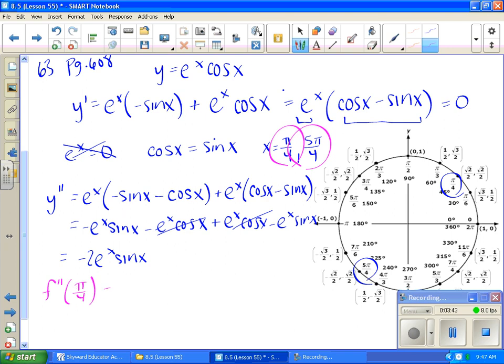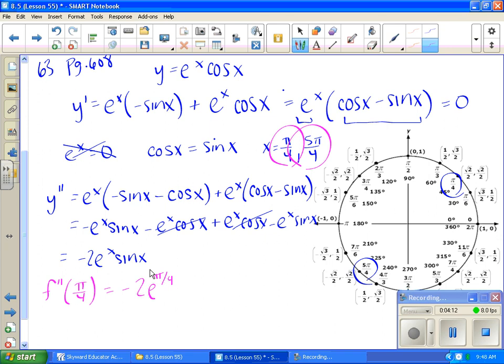So if I plug in pi over 4, this is negative. E to the pi over 4, positive or negative? You might have to try it in your calculator. So is e to the pi over 4 positive or negative? Just check it.